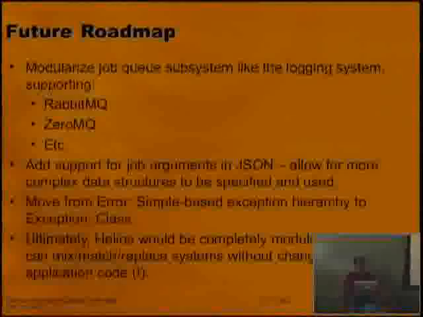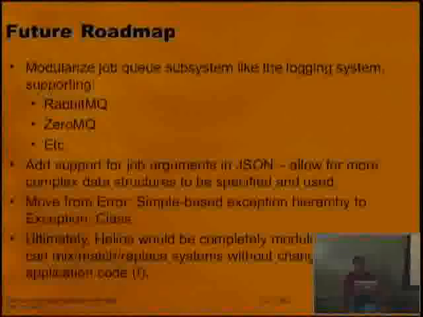Eventually I'd like to provide job argument support in JSON. A lot of people do have JavaScript, and rather than go through a CGI, they'd like to just use JavaScript and submit jobs, or submit jobs from Python or something else. You could also do complex job arguments there, which is something the way Helios uses XML Simple right now isn't geared for.